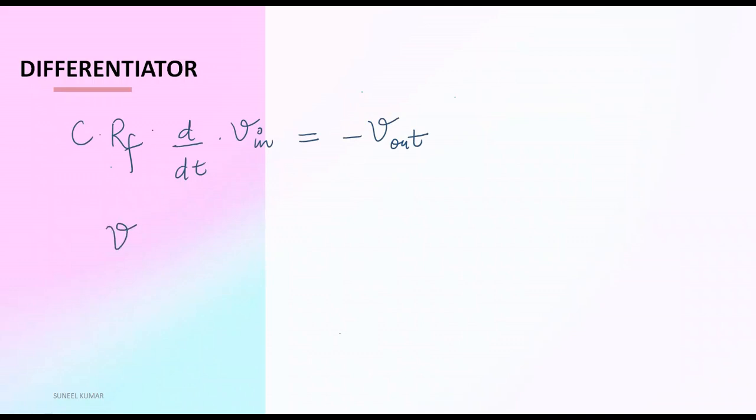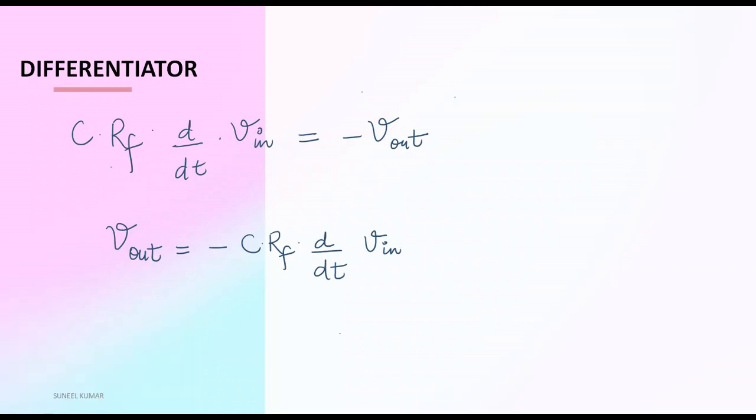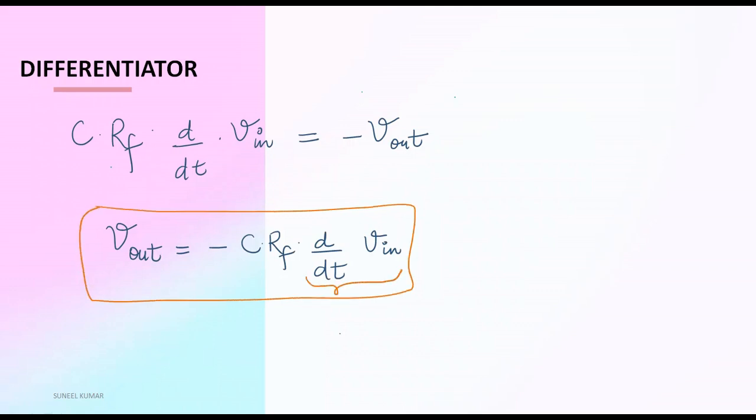So simply, the output voltage will be minus C into RF into d by dt of the input voltage. Ultimately we can conclude that the output is simply the differentiation of the input signal.